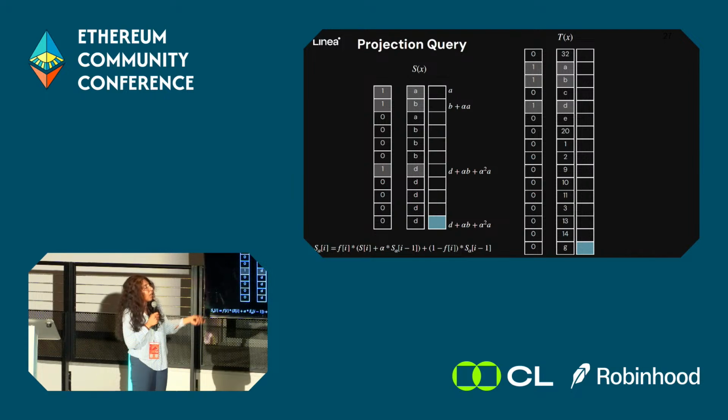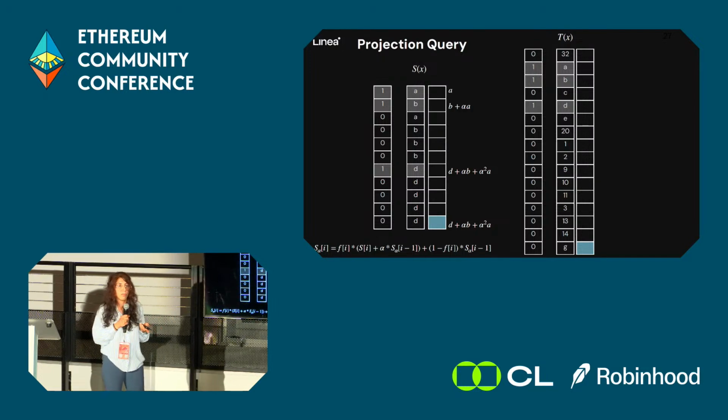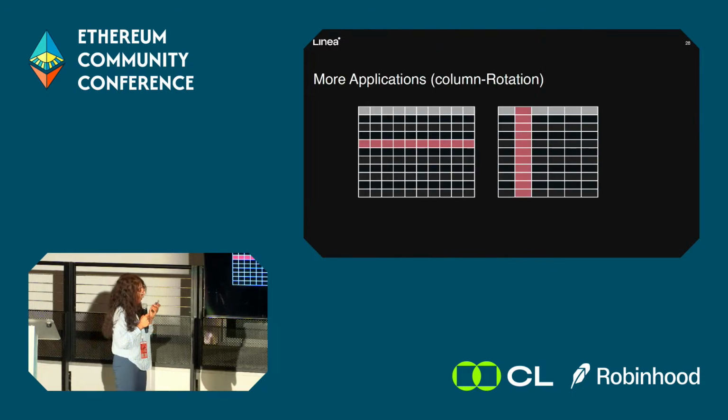By the Schwartz-Zippel lemma, you just check it on the random point, and you know that the proof that you are saying that you evaluated at the random point is short also, is succinct. So this is how you prove, in fact, that your projection query was done.